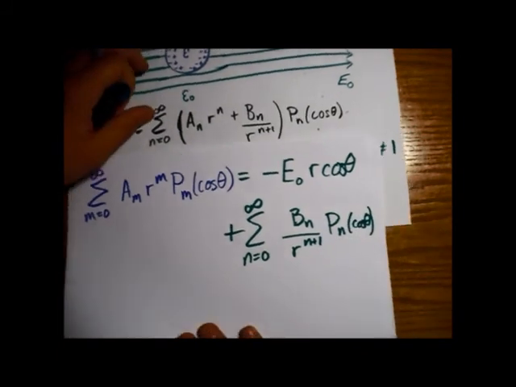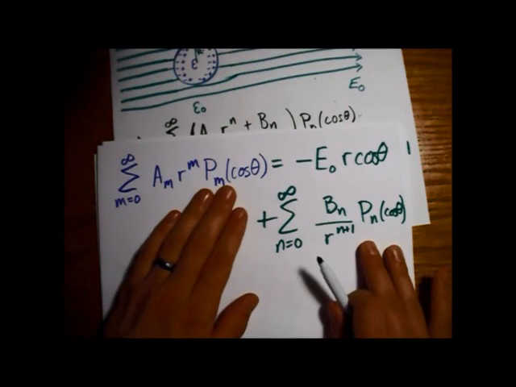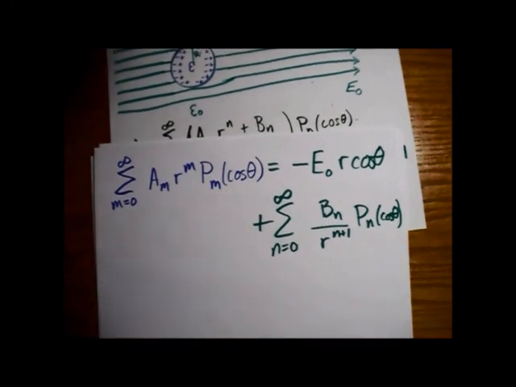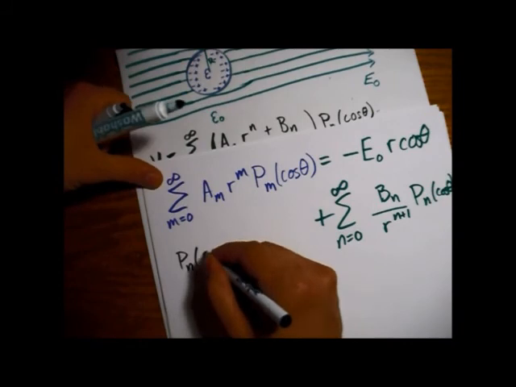Okay. All right. So basically, these two sides are going to equate term by term because we have an orthogonality relationship with these Legendre polynomials. So that means let's just write out a few of these Legendre polynomials.